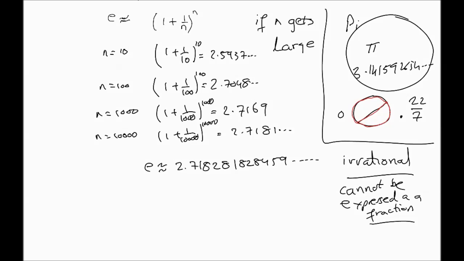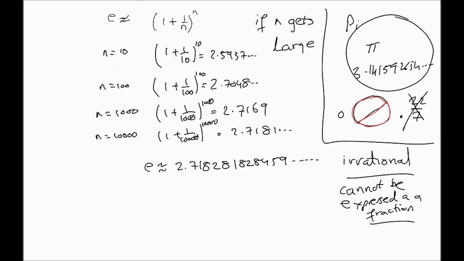A number you can't express as a fraction. I don't care if it's approximately this. Nobody cares if it's approximately this. The fact of the matter is, do not use pi as 22 over 7. Use 3.14, no problem, it's up to 2 decimal points. Fair enough. But do not use 22 over 7. Please. It completely destroys the value of pi itself. It is an irrational number. If it was rational, it would be expressible as a fraction. So just a side note on that.